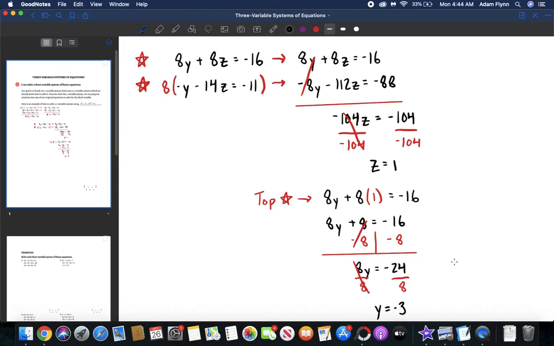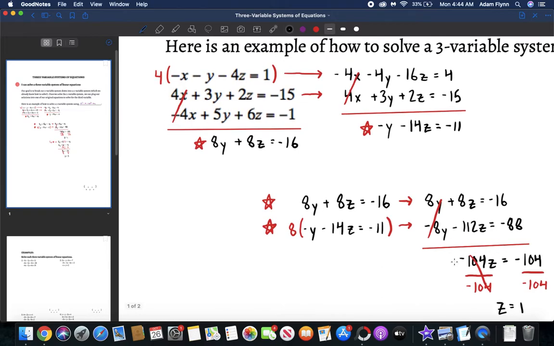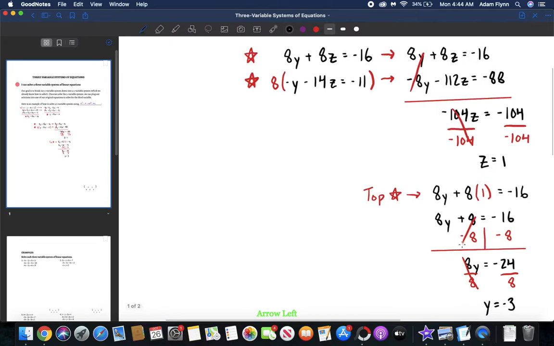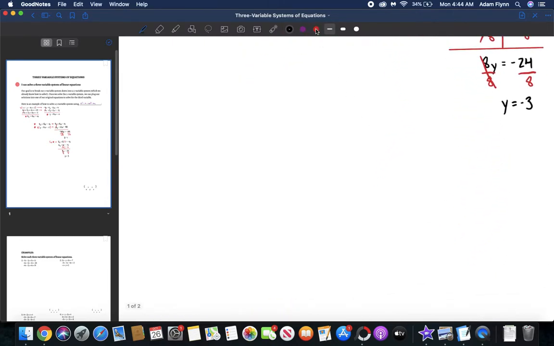Okay, so now that I know what z is and I know what y is, I've solved my two variable system. I can pick one of my original equations up here, plug 1 in for z and negative 3 in for y, and solve for x. So I'm going to choose my middle equation.